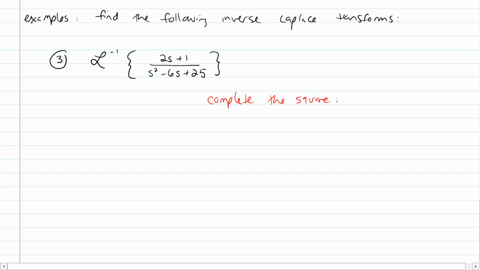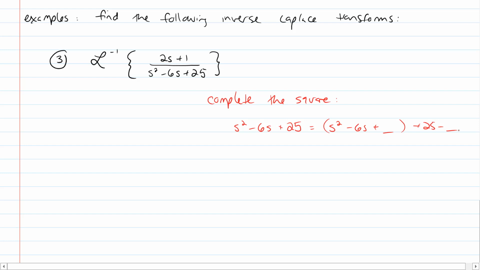We get that s squared minus 6s plus 25. I'm trying to make my 5s nice and exaggerated so they don't look like my s's. That's going to be s squared minus 6s plus blank plus 25 minus blank.